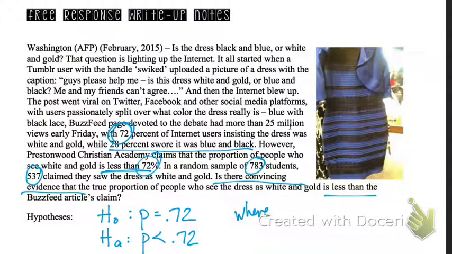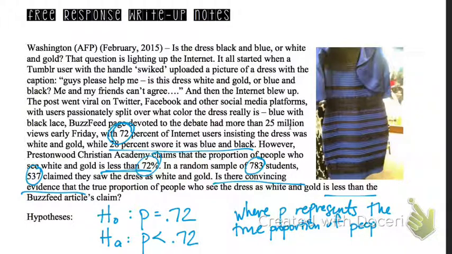So where P represents the true proportion of people who see the dress as white and gold.